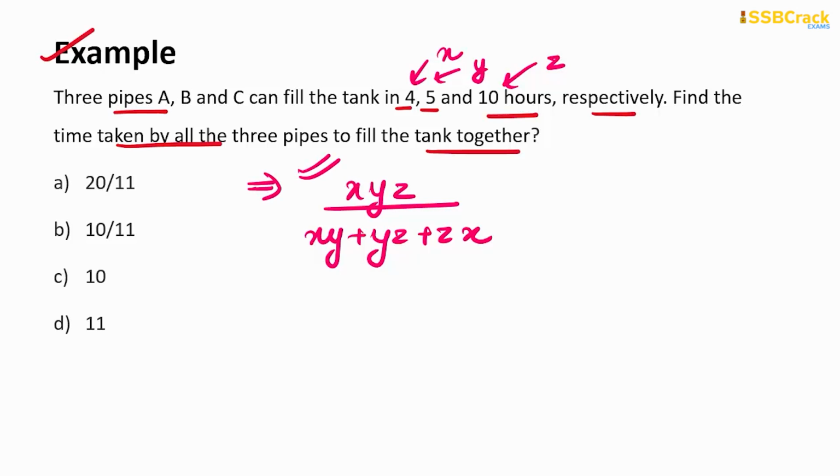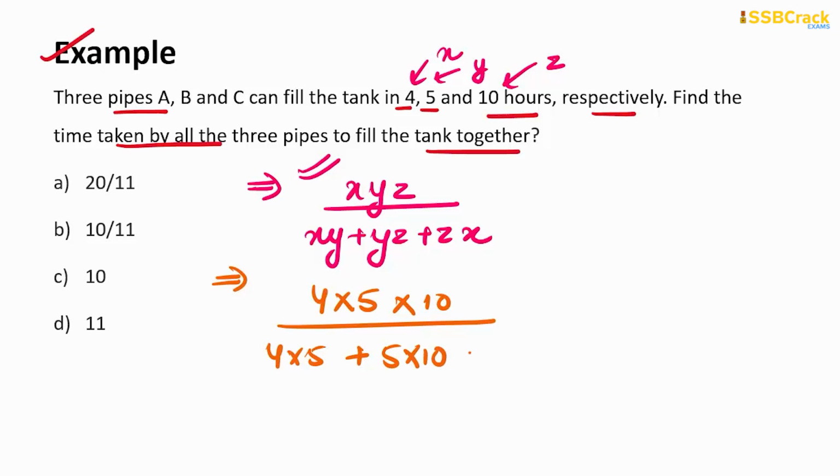So now we can easily put the values of x, y and z and it will be equal to 4 into 5 into 10 divided by 4 into 5 plus 5 into 10 plus 4 into 10, right? Now we can easily solve this out. So we can cancel out this 10 from the denominator and numerator. So this 10 will cancel out with this 10, this 5 and this will be 4, 2, right?